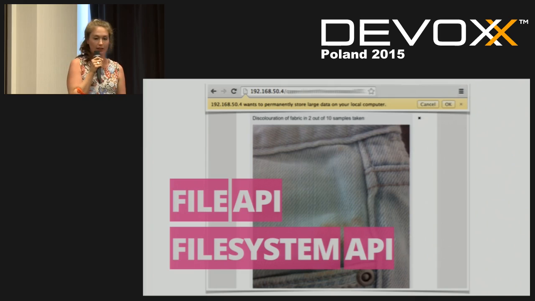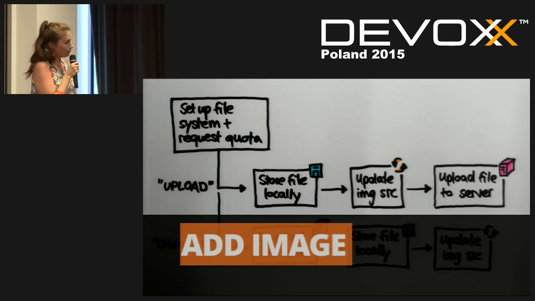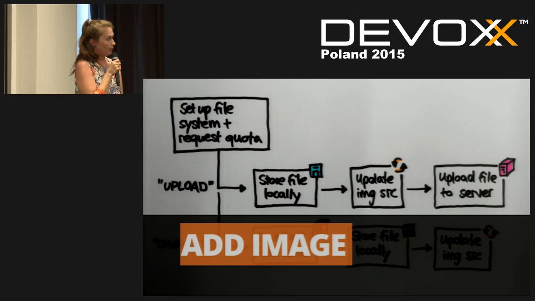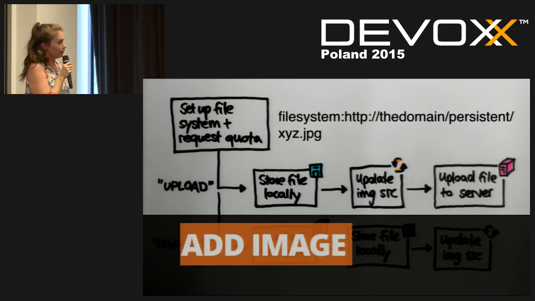Yeah, last but not least, the fourth HTML5 storage technology we're going to talk about today is File API and File System API. As I mentioned in the beginning, our users usually go to the factories and take pictures of the products they see there to quality check them, and that's how we deal with the pictures. So when the user wants to upload an image, we know that's not really uploading, especially not when they're offline, but that's what the button says. We actually store the file locally, and then we update the image source.